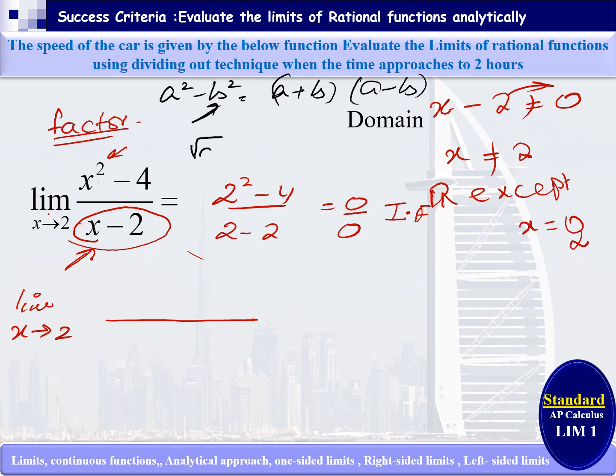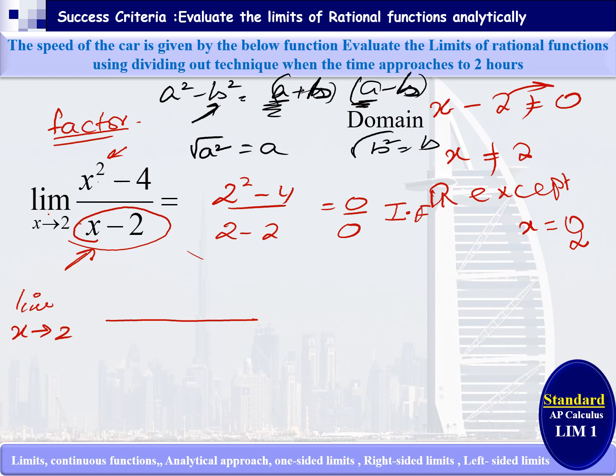The square root of a squared is a. That's why one time I write a here, a here. Similarly, the square root of b squared is b. So one time I wrote plus b and one time I wrote negative b.